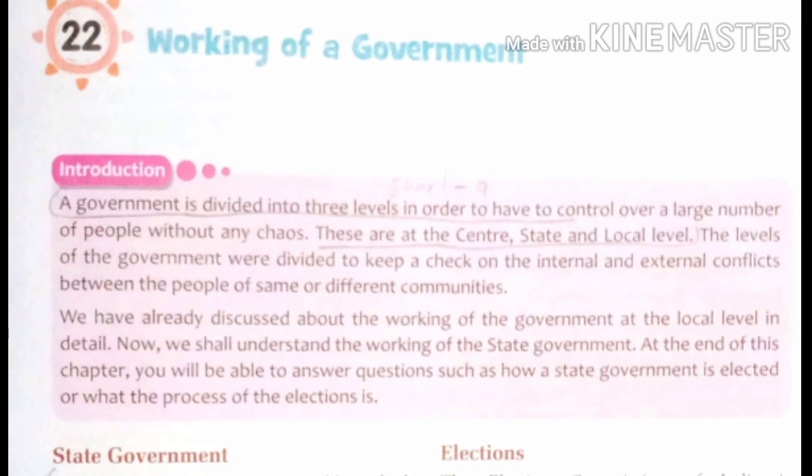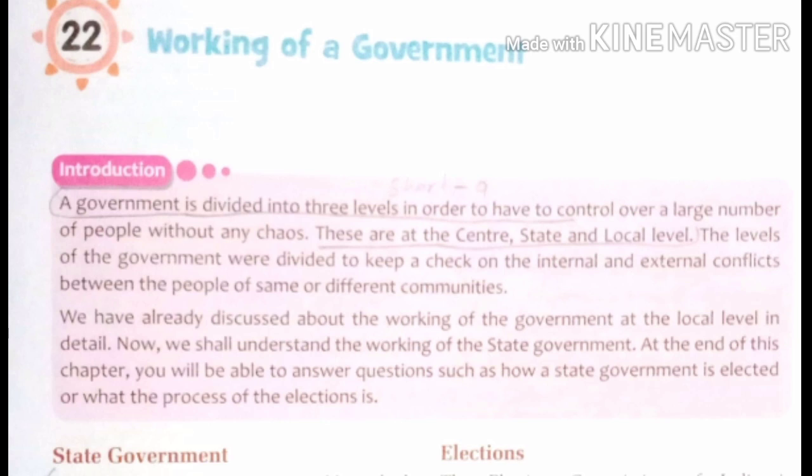The levels of government were divided to keep a check on internal and external conflicts. So it was very important to divide the levels of government, because it makes it easy for the government to keep a proper check, a proper review of the public.